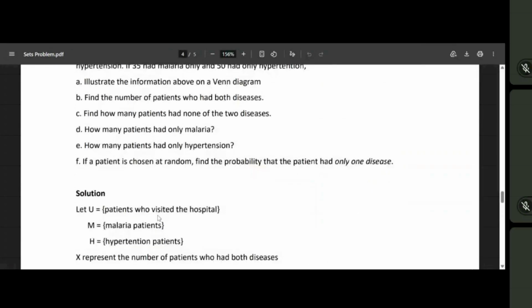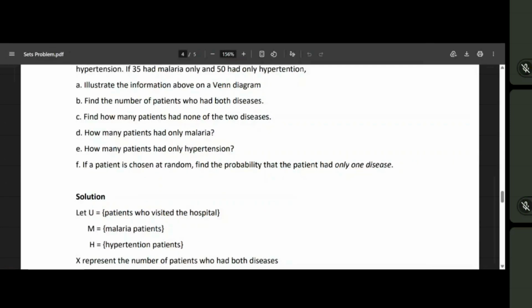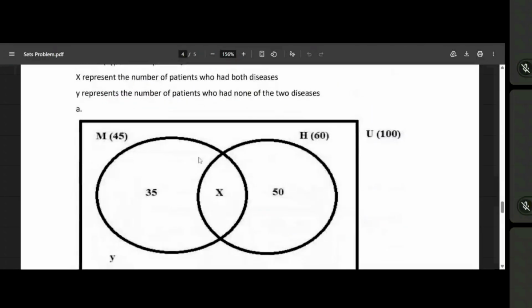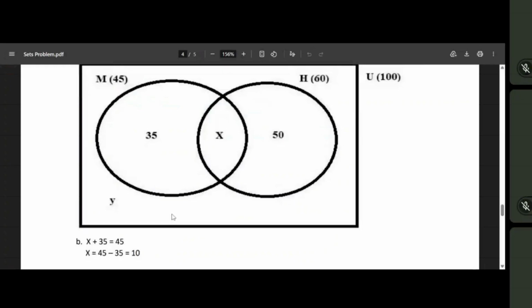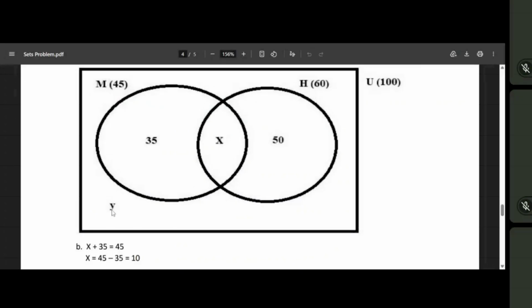So C, find how many patients had none of the two diseases. It means they don't belong to the malaria ring, neither do they belong to the hypertension group. So they are outside, and their number should be represented by Y. So we put Y there. How do we get Y?